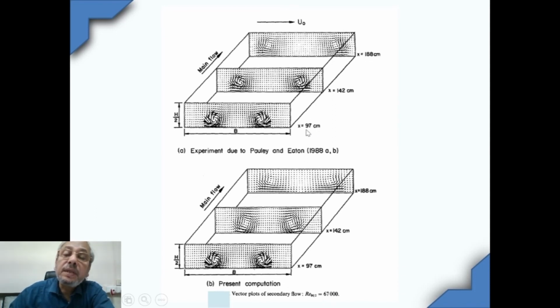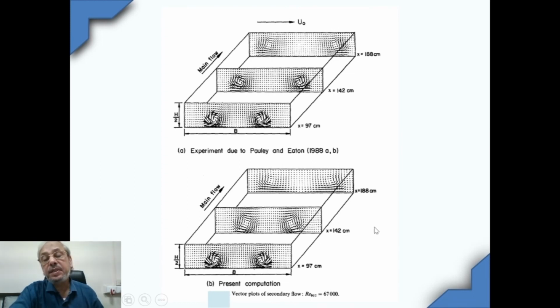So you can see at a distance x equal to 97 centimeter behind the winglet pair, at 142 centimeter, and at 188 centimeter behind the winglet pair, we computed the entire field and plotted the velocity vectors on the same cross planes. You can see an excellent match.